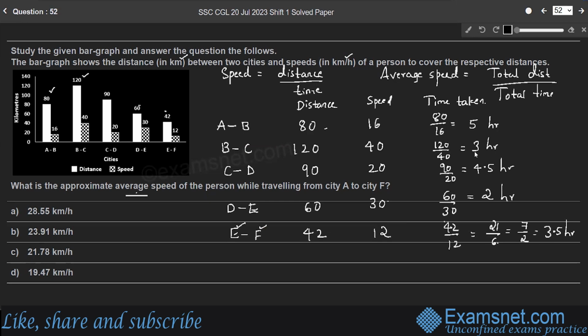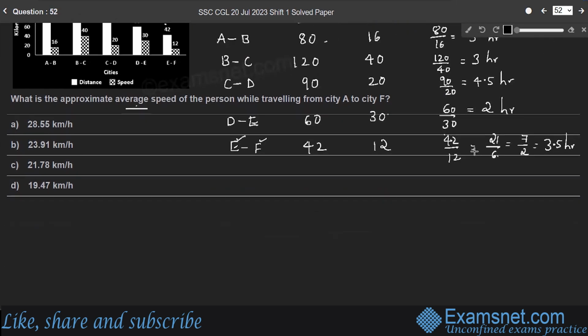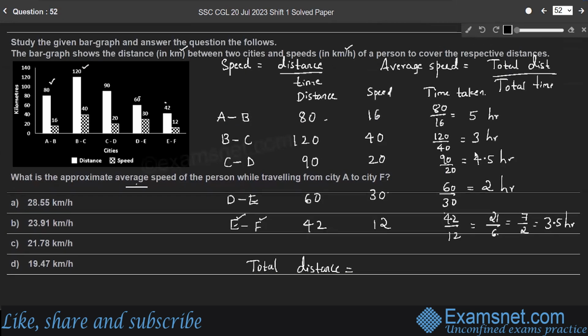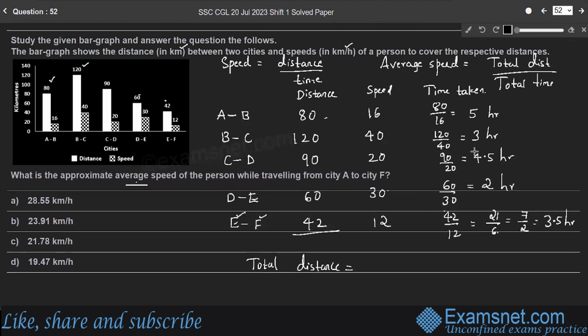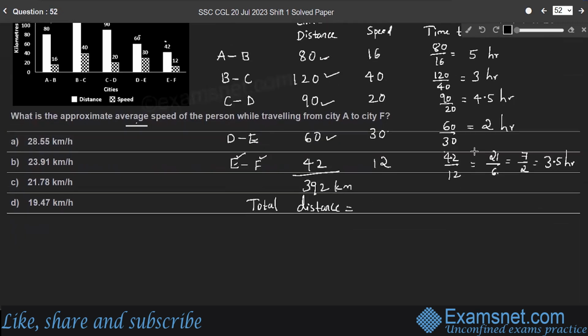Here what is the total distance and total time? So total distance, from the same table, add all these values: 80 plus 120, 200, plus 90, 290, plus 60, 350, plus 42, 392 is the total distance, right? So he covered 392 kilometers of distance.